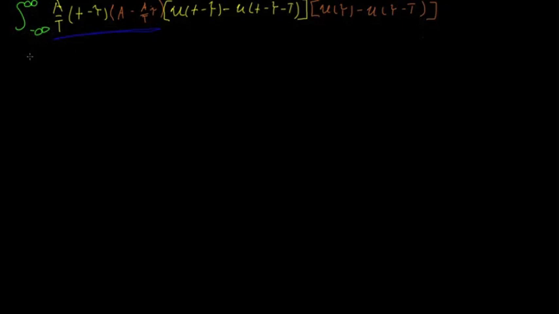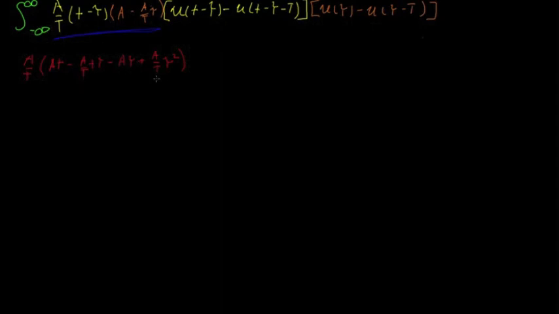If we were to FOIL this out, we would have this A over capital T, and then we would begin with A little t, and then minus A over capital T times little t tau, and then minus A tau, and then plus A over T tau squared.